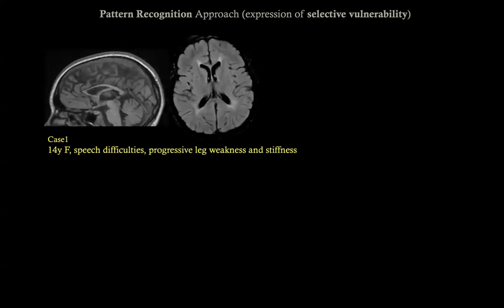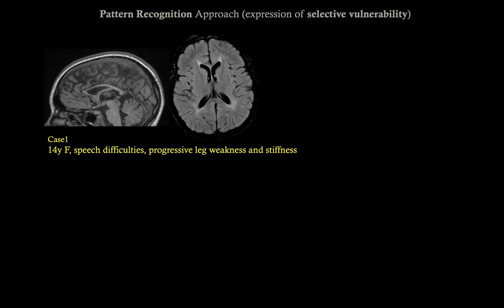Now, let's start with this case. This is a 14-year-old female with speech difficulties and progressive leg weakness and stiffness. That's very important: when you see there is a progressive deterioration of neurological performance, this is really typical of neurogenetic and neurometabolic disorders, where the child goes worse and worse over time.